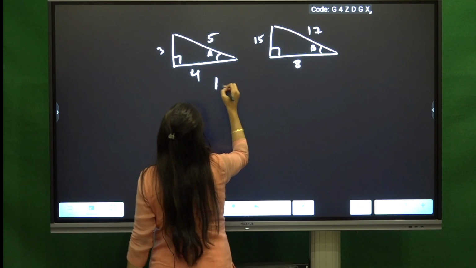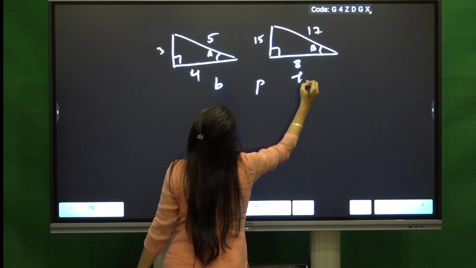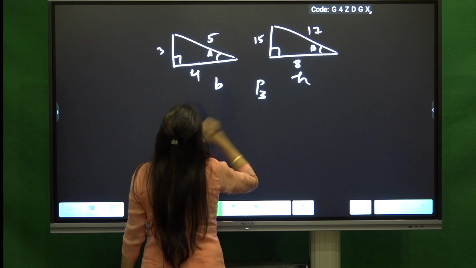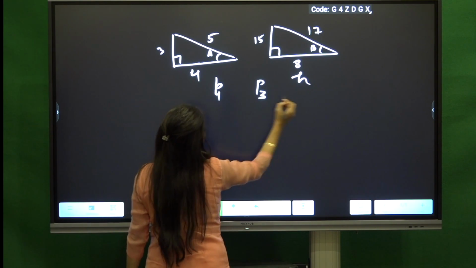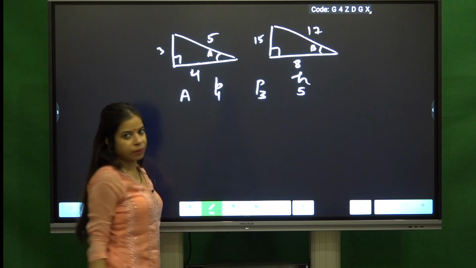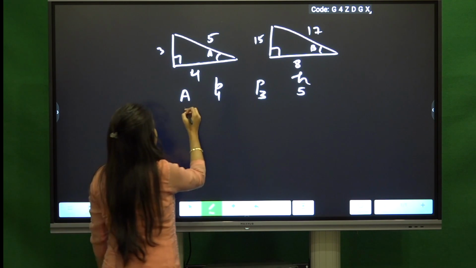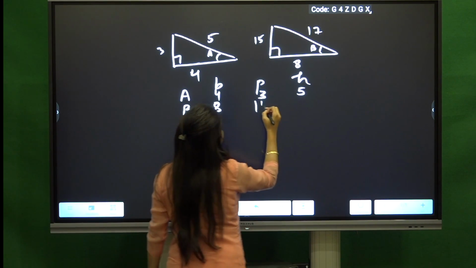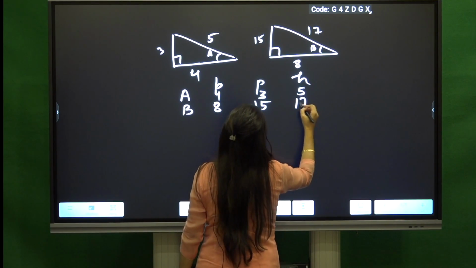So, what we have? We have perpendicular 3, base is 4 and hypotenuse is 5. Angle here is A. For the second we have angle as B, base is 8, perpendicular is 15 and hypotenuse is 17.